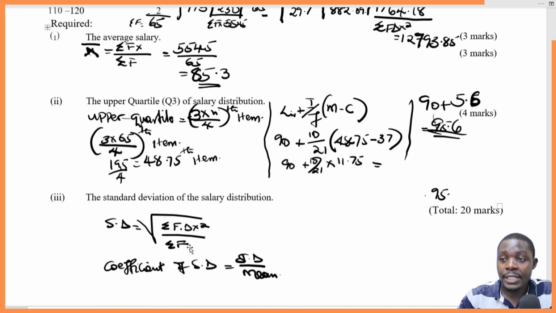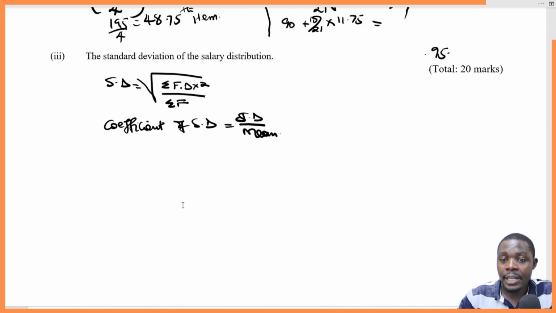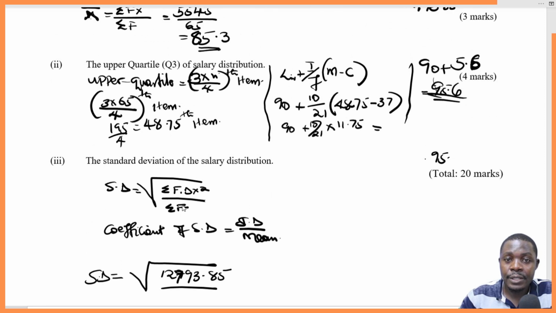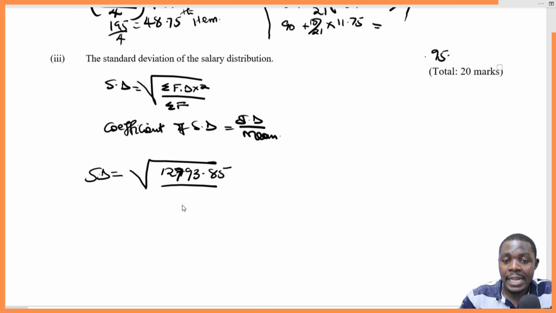Now we take that figure in our formula. The standard deviation is equal to the square root of 12,793.85, which we divide by the frequency total, there were 65 items.